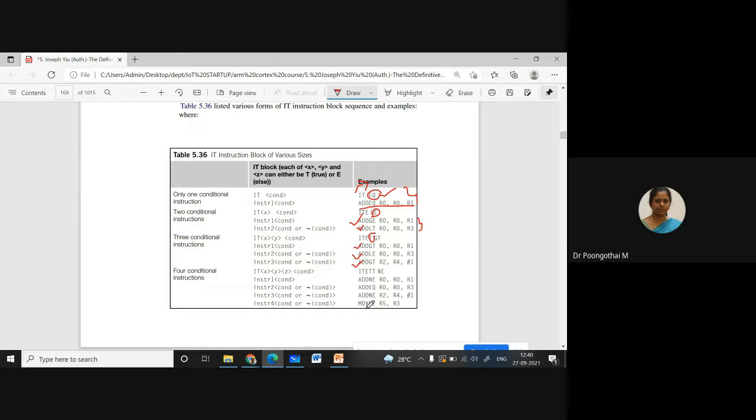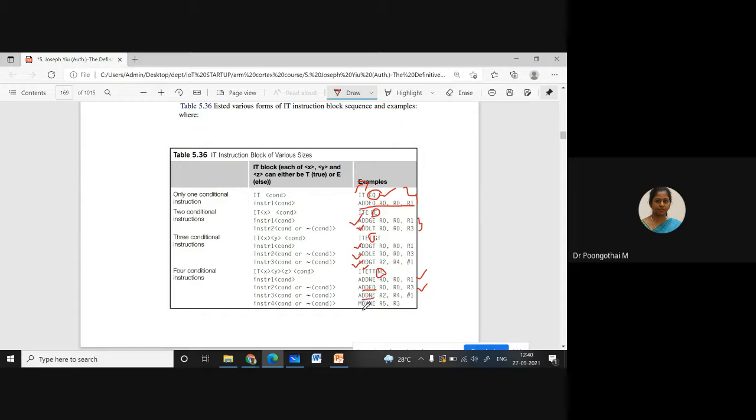And for four conditional instructions, if the condition is true, the first will be executed. So this T is for add not equal. This else is for equal, the inverse condition. Next, then means the condition is not equal.